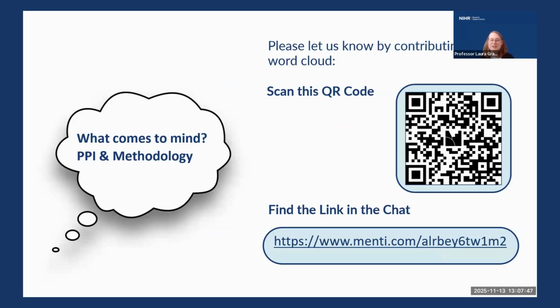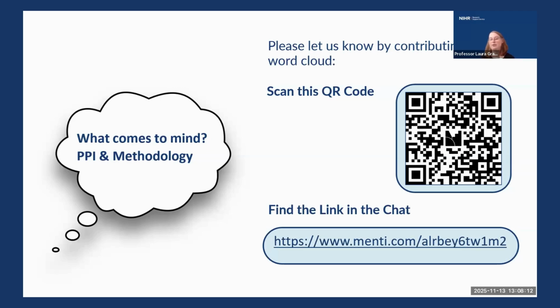So I wanted to just get a feel really for how you see PPI and methodological research. So when you think about trying to conduct PPI in a meaningful way for methodological research, whether that be statistical methodology or another type of methodology, what comes to mind? What's the first thing that you think of?